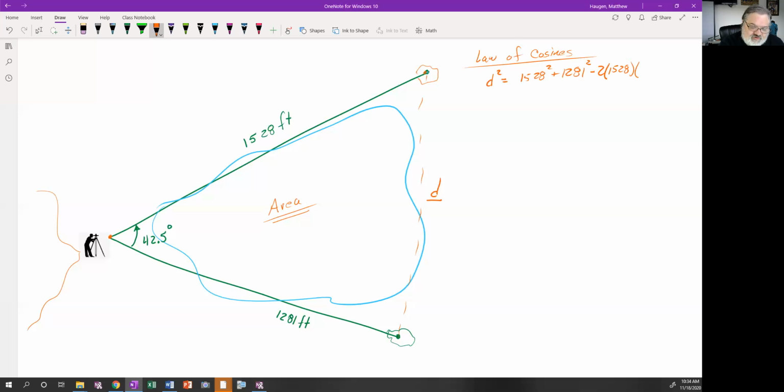So minus the 2 times the 1528 and the 1281 times the cosine of the angle between them, the 42.5. And that ends up with some obnoxiously large value. I don't know what that obnoxiously large value is. Do you guys have that obnoxiously large value?